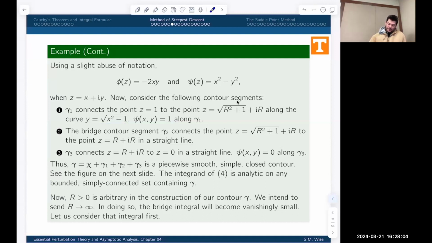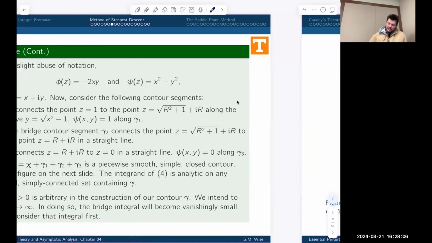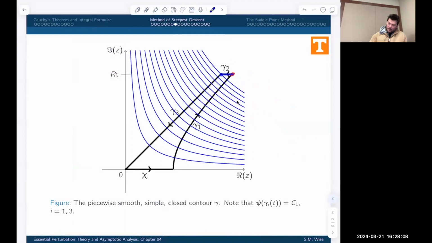Now, the bridge contour segment is going to be this little guy here. And that's just going to join this point and this point. This point we just named. This point is going to be along a line where x is equal to y. Okay, if I take where I'm viewing this as being equal to x and this being equal to y.